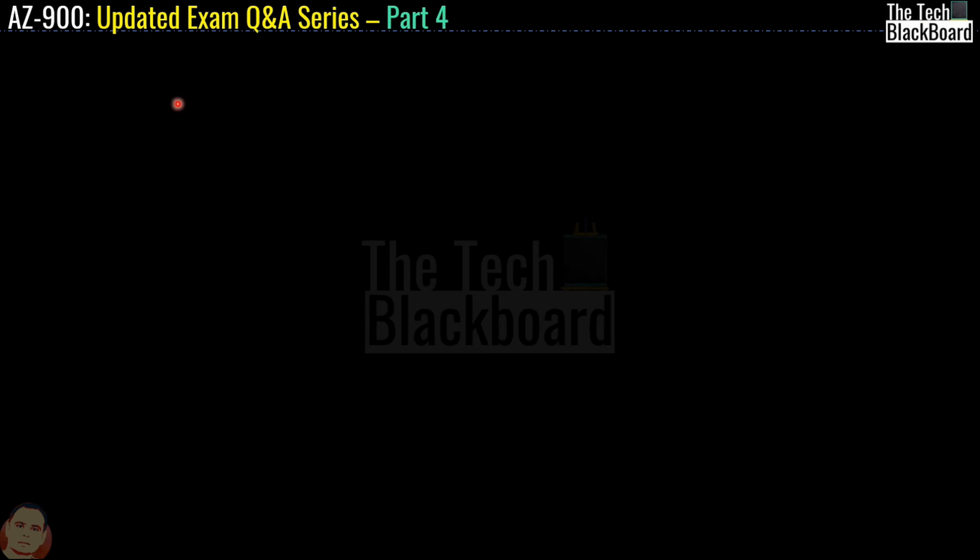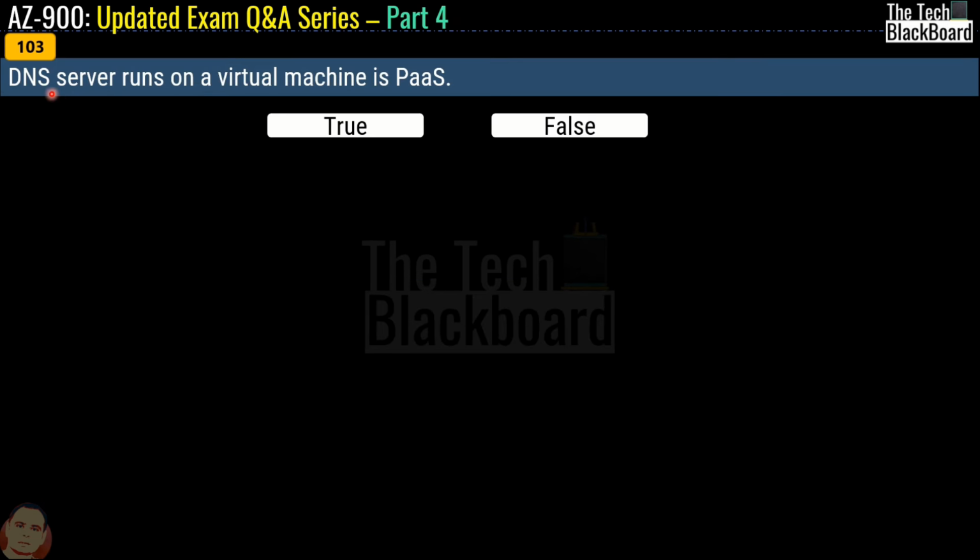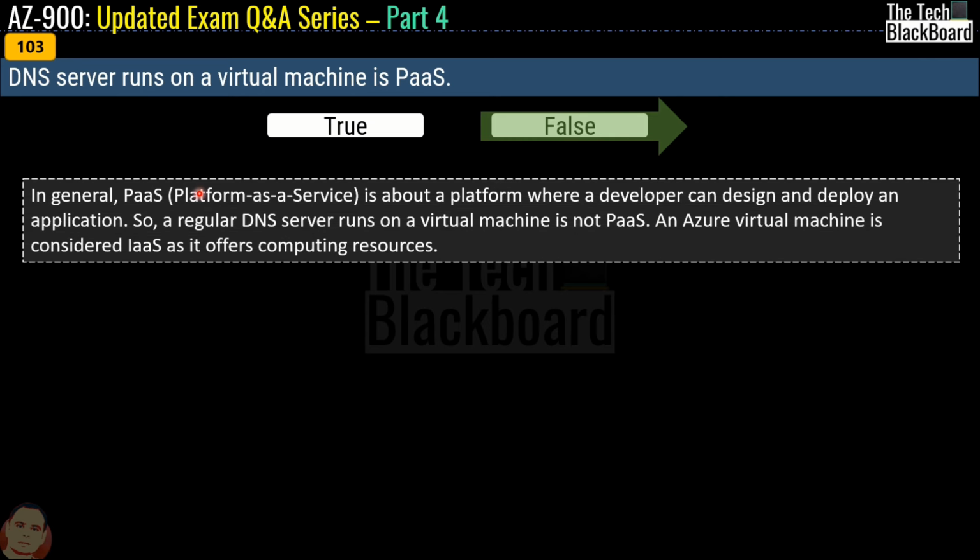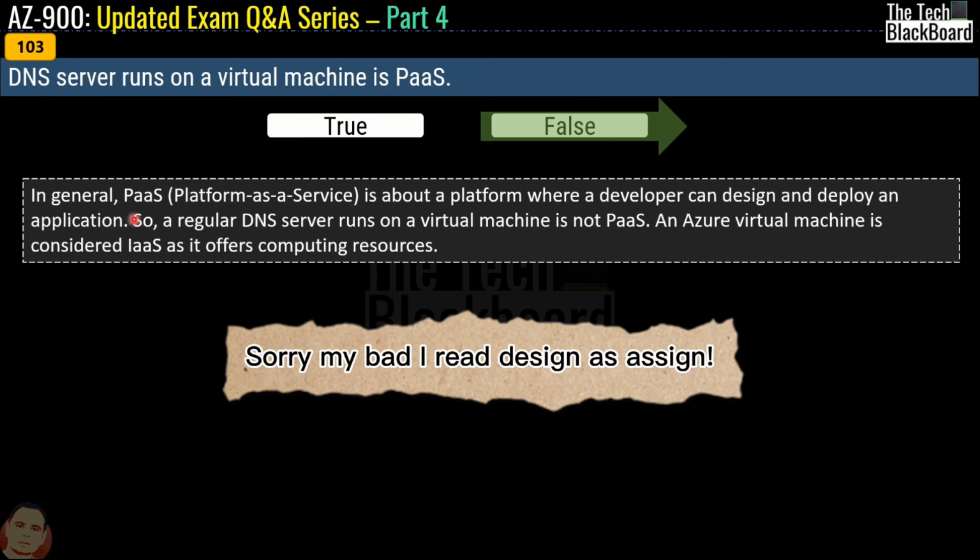Now let's move to question number 103, and this one says DNS server runs on a virtual machine is an example of PaaS or platform as a service. Whether this is a true statement or it's a false statement. The correct answer is that this one is a false statement. And the reason is that in general, PaaS or platform as a service is about a platform where a developer can assign and deploy an application.